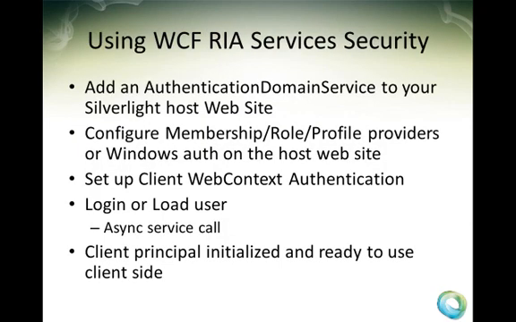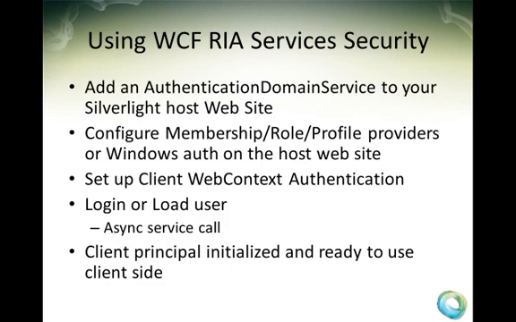So basically what you end up doing, and you'll see in the demo here, is you just add a new class to your hosting website called an authentication domain service. The default base class for that provides pretty much everything you need except for customization scenarios, and for those custom scenarios there's good extensibility on that type to be able to do more fancy things with your security if you really need to.